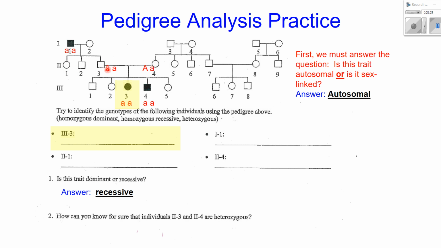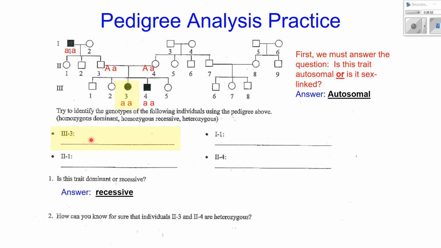Those are the ones that have at least one big A. Everybody in this family, which is most of the folks, everybody in this family who's not shaded in has to have at least one big A. And I now know this to be true because it's not a sex-linked trait, it's not a dominant trait, it's a recessive trait. And so the folks who are shaded in, who have the trait, have to be homozygous recessive.